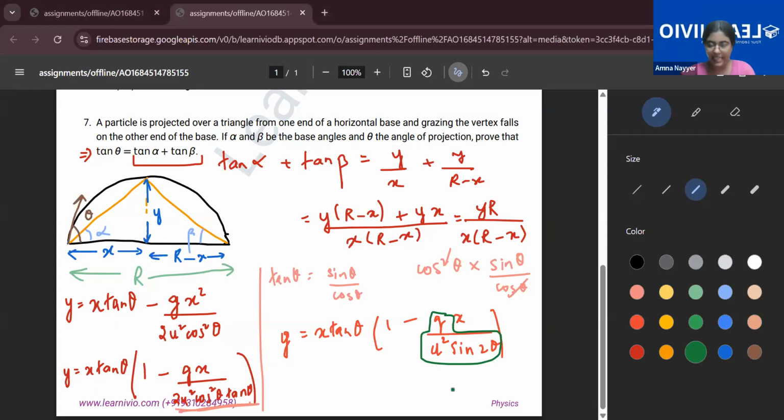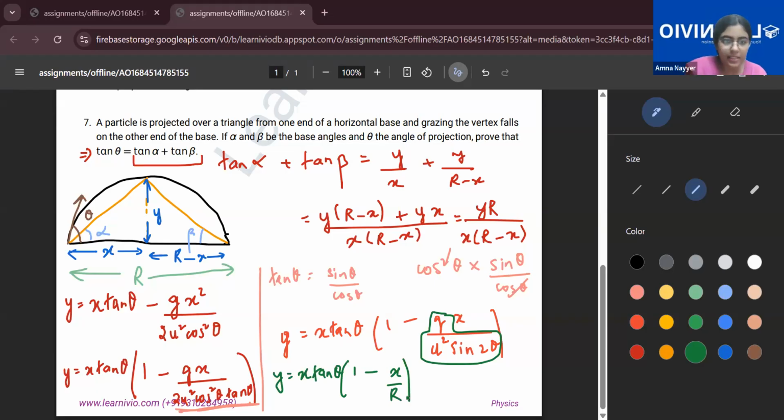Yes, the formula of range of motion, u square sine 2 theta by g. This is g by u square sine 2 theta. This is 1 by R. So this equation is y is equal to x tan theta into 1 minus x by r. Is this fine?